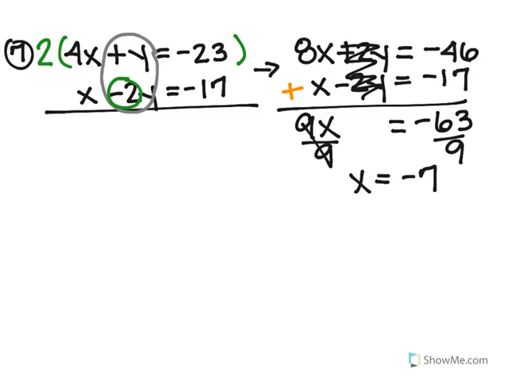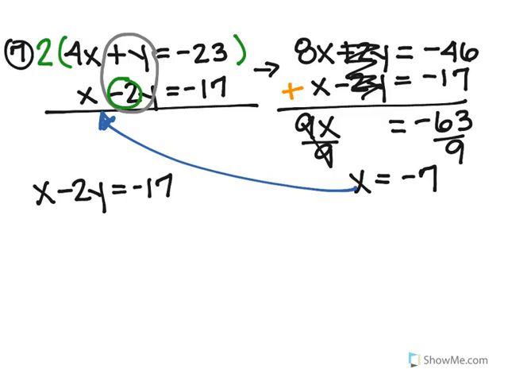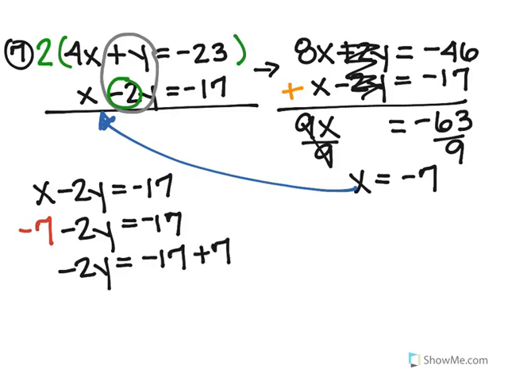And again, we're going to sub that negative 7 in for x in either the top one or the bottom one. It does not matter. So if I use the bottom one, x minus 2y equals negative 17, and I plug in negative 7 for x, I'm going to get y by itself by adding 7.